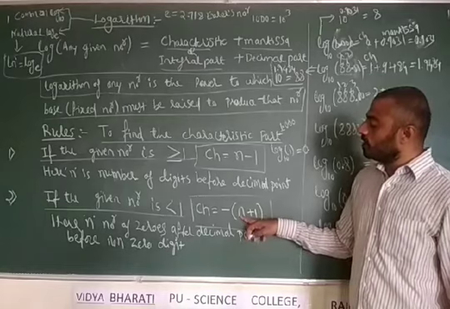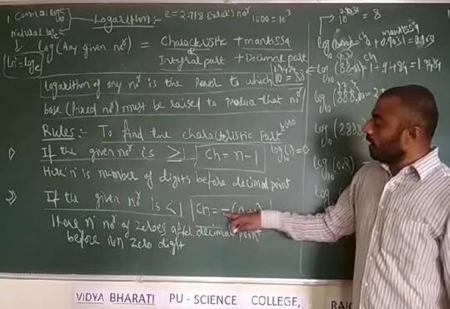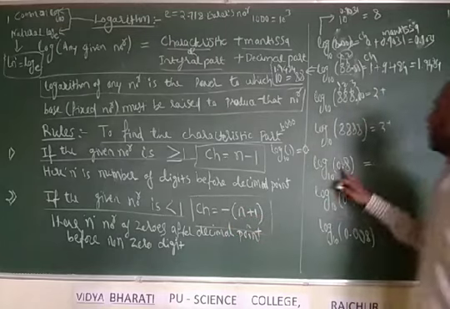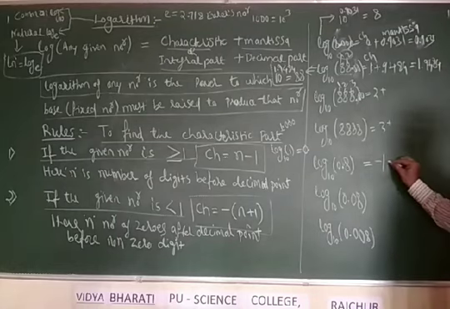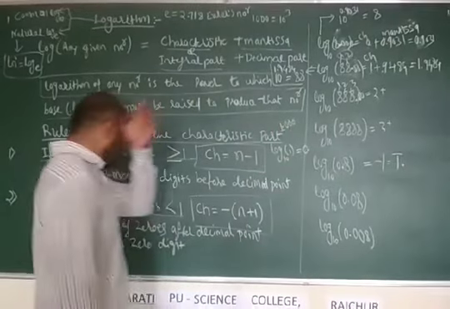That's why n is 0, so 0 plus 1 is 1. Minus of n plus 1 gives minus 1, or you can write it as bar 1. Its characteristic is bar 1.